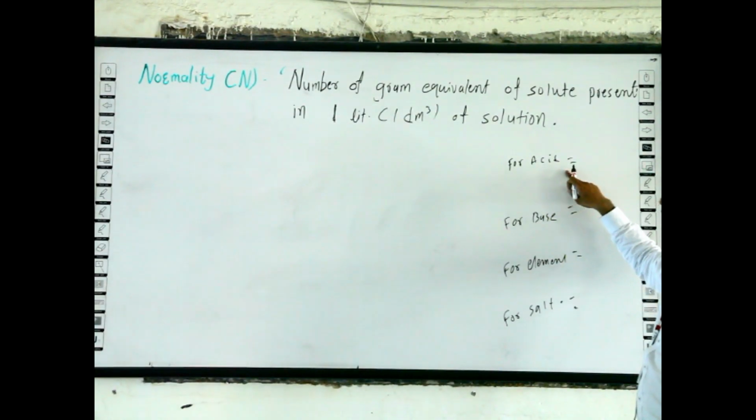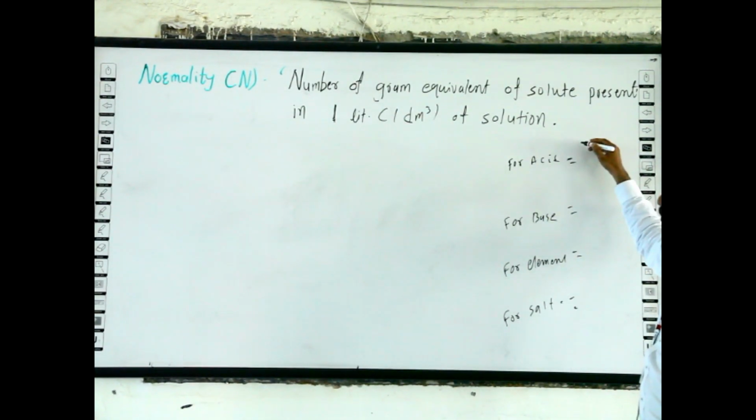For acid, the formula for equivalent weight is molecular weight divided by basicity.